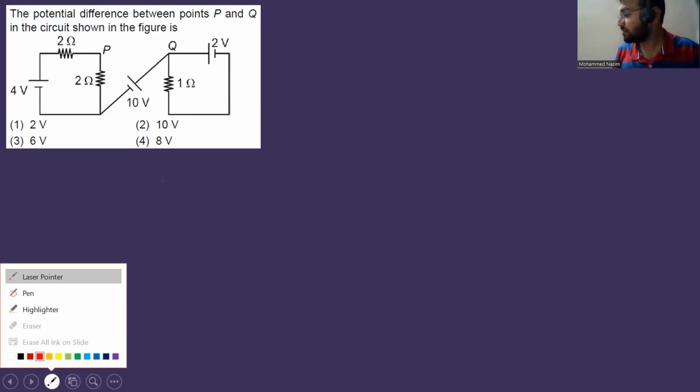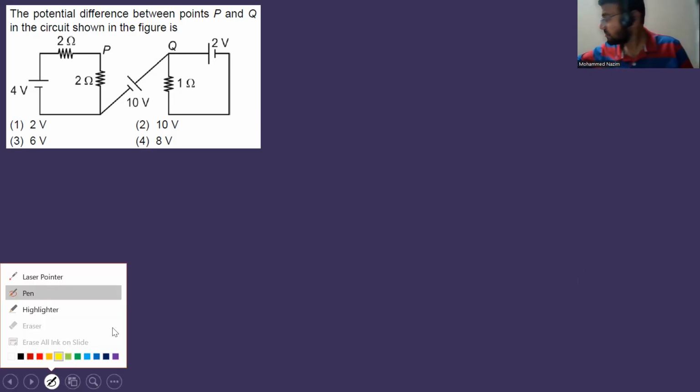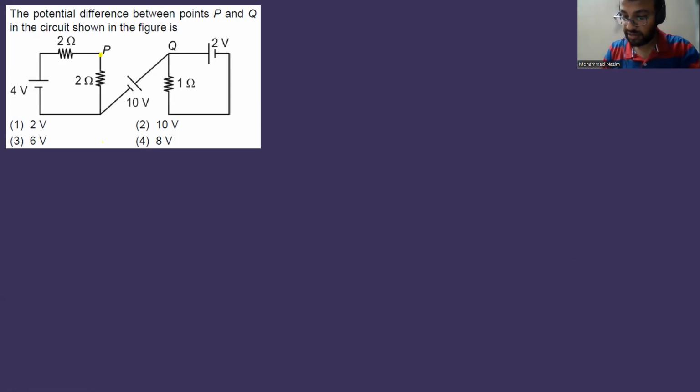Try to move from P and then move towards Q. So just see here. Start from P and then move towards Q.